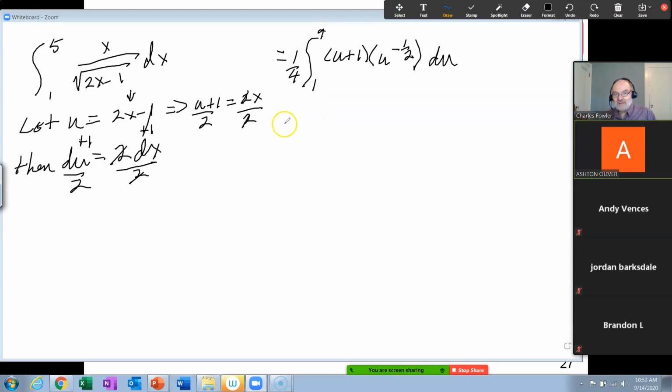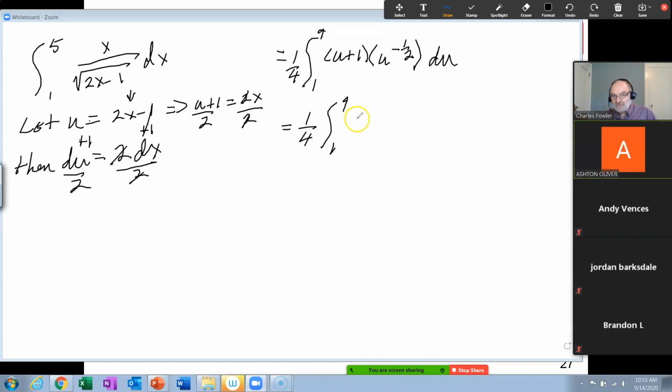Okay. So what do we have? Don't forget the 1/4. That incorporates this 2 and that 2. Now, I think I'll write my integral sign again from 1 to 9, because what I'm going to do is distribute this across here. So u to the 2/2, that's what this is, u to the first, times u to the minus 1/2.